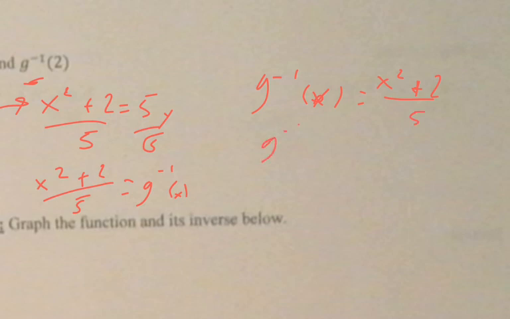So when we want to find the g inverse of 2, anywhere I see a 2, this is our input, I'm going to plug in a 2, so I have 2 squared plus 2 over 5, and that comes out to be 6 over 5. So that's g inverse of 2. Our answer is 6 over 5.